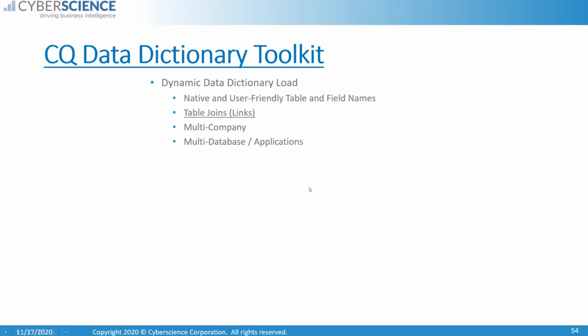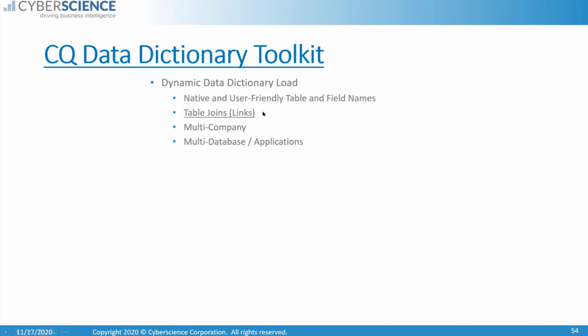So what we initially do is we import that metadata into the Cyberquery data dictionary. And typically with the toolkit, you will have the native, which is the default database table and field names. But we also apply a user-friendly viewpoint with table and field names. And you'll see that in a bit here when I show you the product.